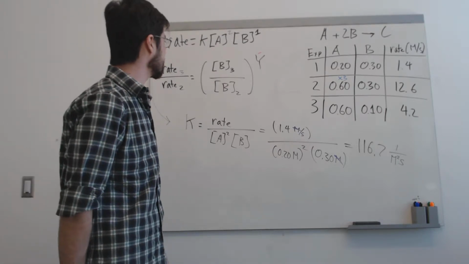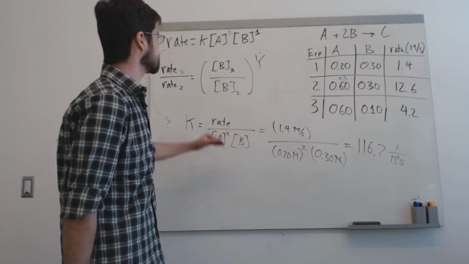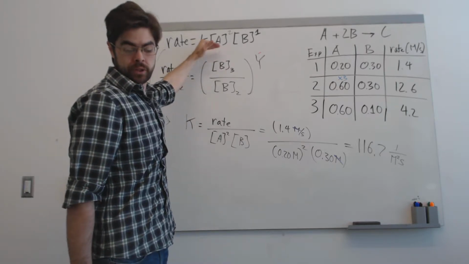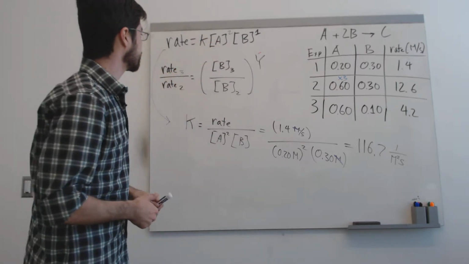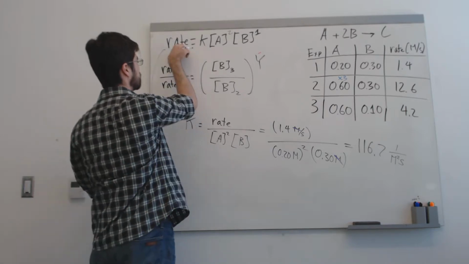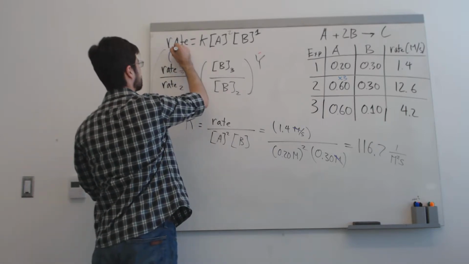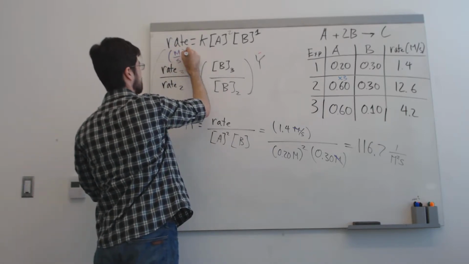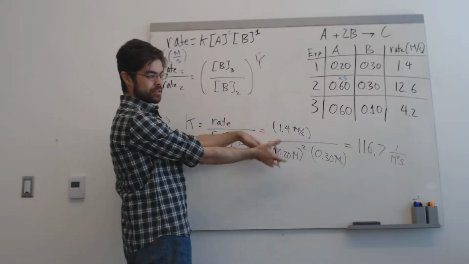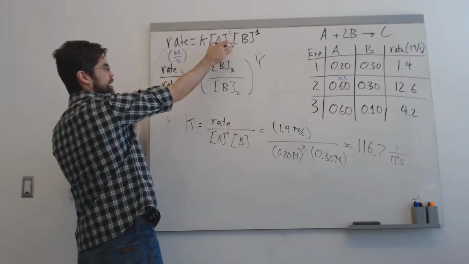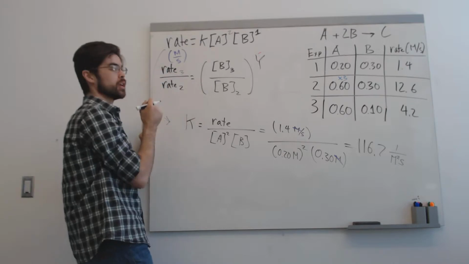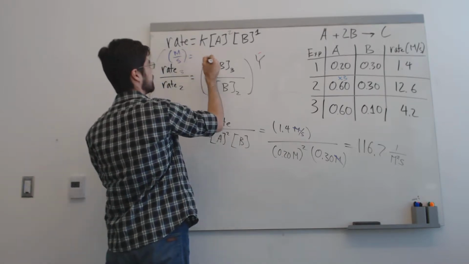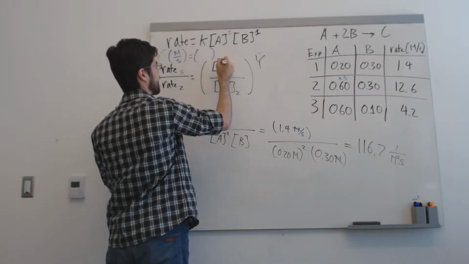You could also get the units of the rate constant once you figure out the rate law. So one thing you can do is say, well, I know the rate needs to have units of molar per second. So you don't even need to do this entire calculation. Once you get the basic structure of the rate law, you can assert what the units need to be. I don't know the units of K yet.